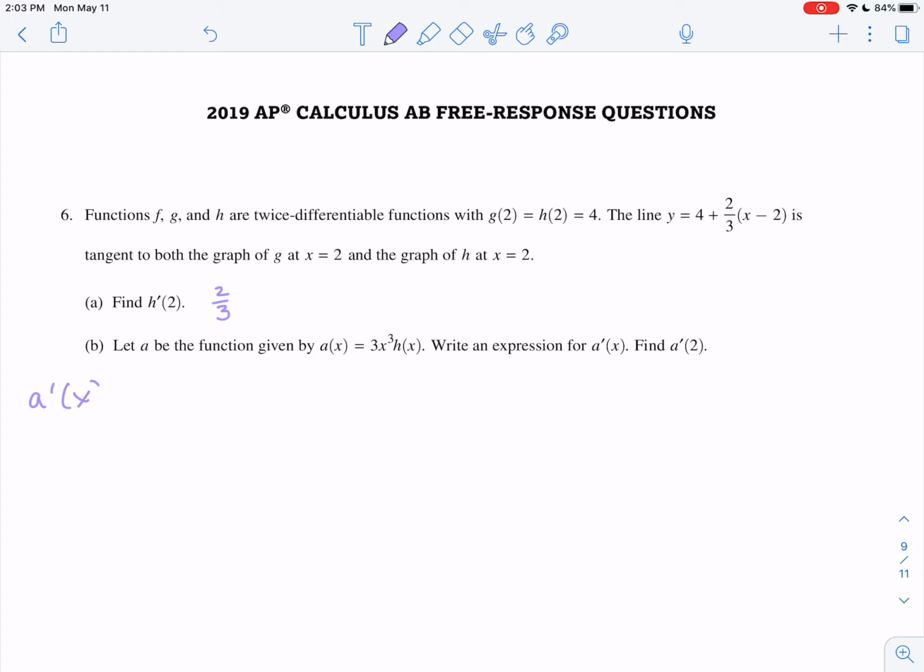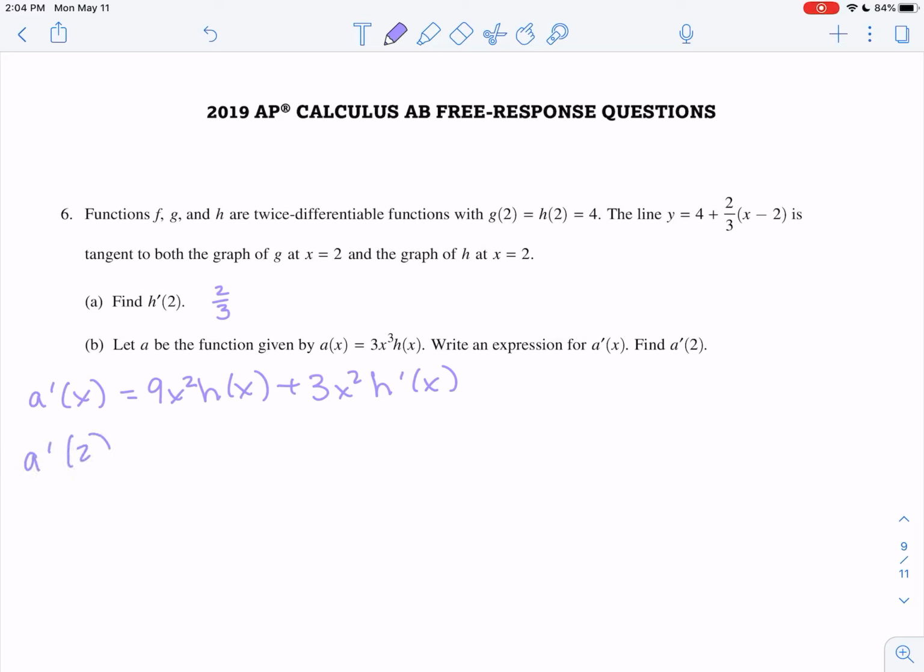So a prime of x, I need product rule, right? So derive the first, hold the second, plus hold the first, derive the second. Okay, and that was worth 1 point right there. And then we wanted to find a prime of 2.